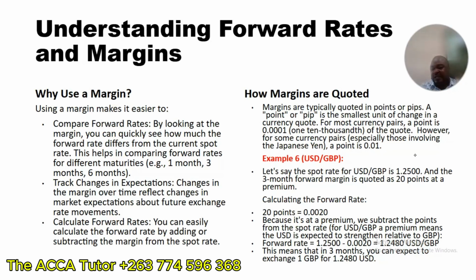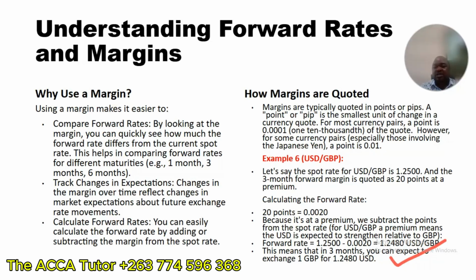So the forward rate would be the current spot rate minus the premium, and this would give us 1.2480. This means that in 3 months you can expect to exchange 1 British pound for 1.2480 USD.